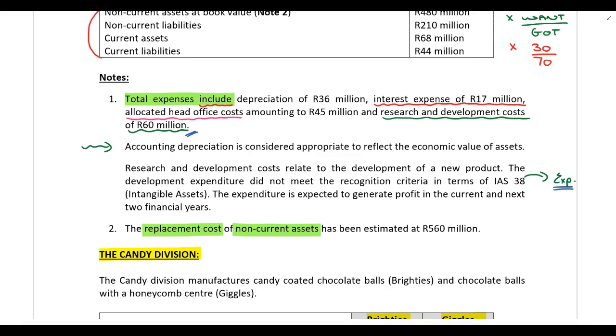So in terms of EVA, the full amount should not be expensed in this year. We shouldn't be expensing the full 60 million in this year, because the benefit is expected to be received this year and for the next 2 financial years. So instead, this amount should be capitalized and should be written off over the period that they expect to receive the benefit.